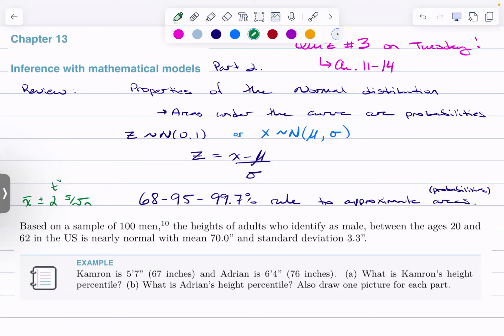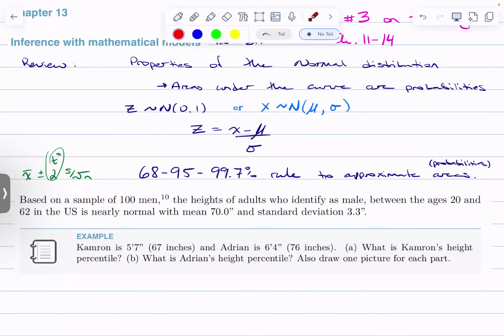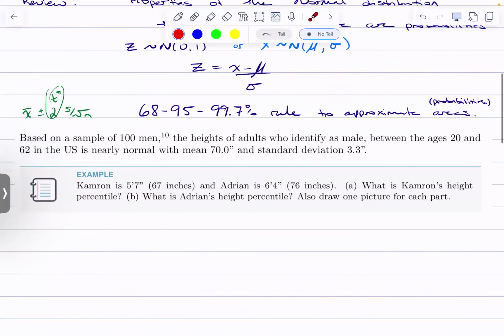Generically, we call that 2 T star. But that 2, basically 2, comes from the 68, 95, 99.7 rule. And so we're going to build up to that. But I know you've seen it already, sort of. Well, you've done it. Now you know sort of why.